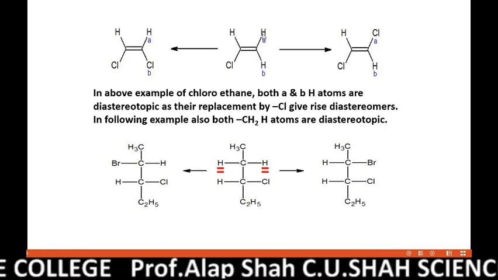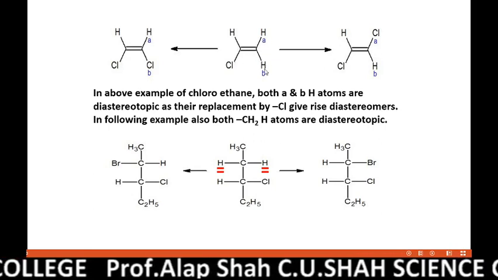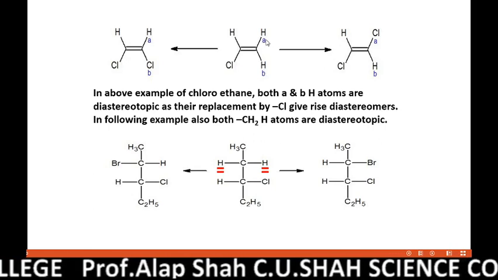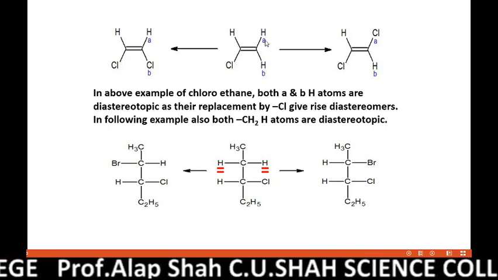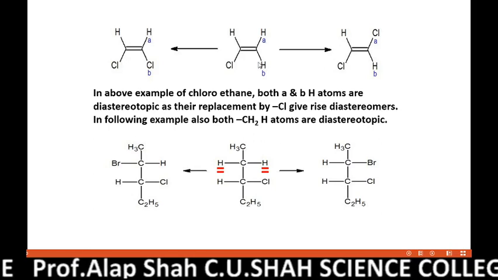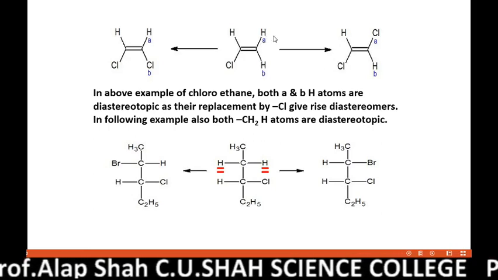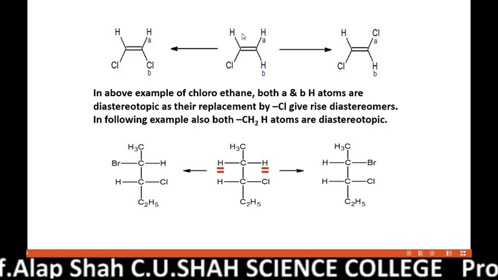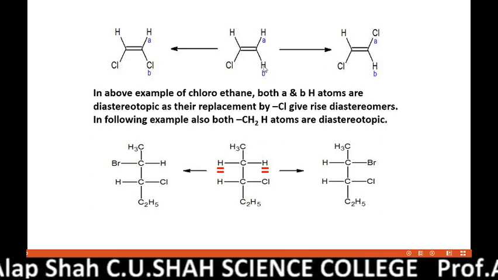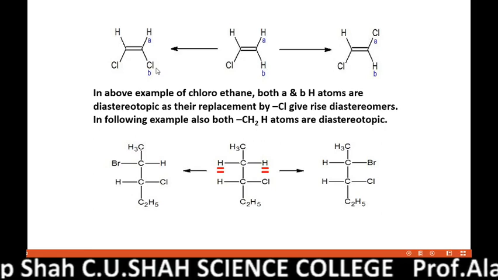Now the two protons of the vinyl group, A and B, are displaced one by one by some common group. If this one, A, is replaced by chlorine, we get this structure. And when the B hydrogen is replaced by chlorine, we get this structure.